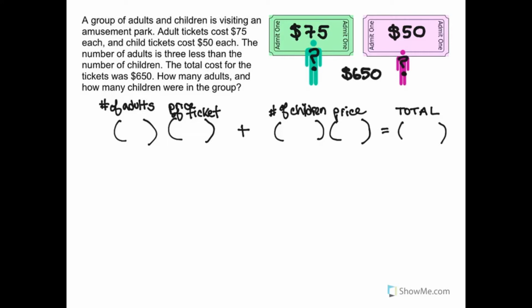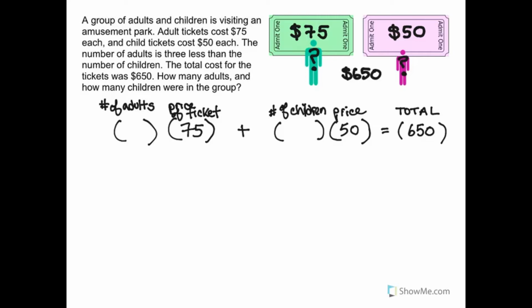Now let's fill in numbers that we know. We know the price of an adult ticket is $75, the price of a child's ticket is $50, and the total is $650.